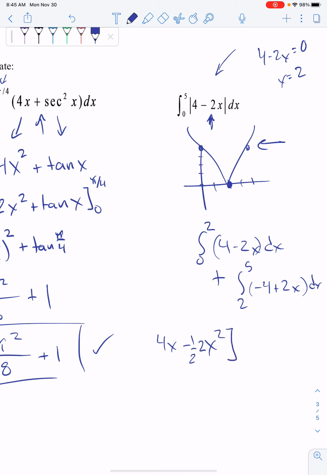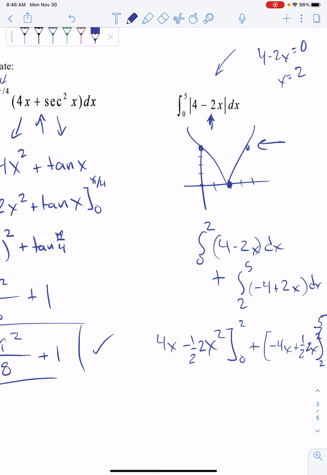And I'm going to evaluate that from 0 to 2. And then I'm going to add negative 4 becomes negative 4x. And my 2x becomes plus 1/2 2x squared.